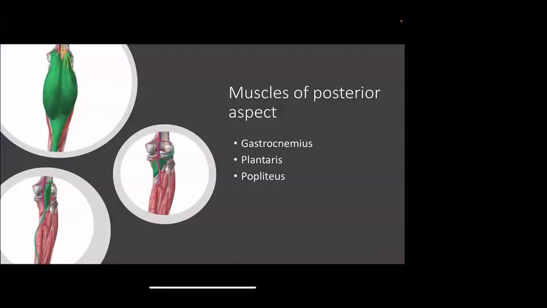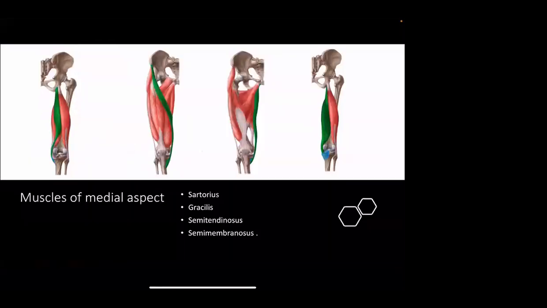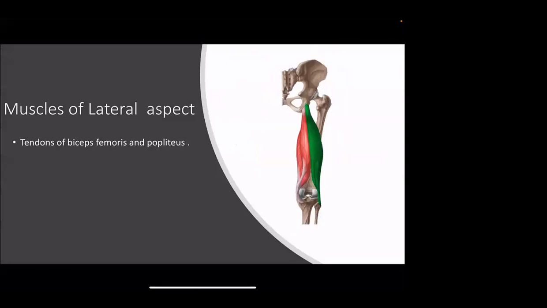Muscles of the posterior aspect include the gastrocnemius muscle, the plantaris muscle, and the popliteus muscle. Muscles of the medial aspect include the sartorius, the gracilis, semitendinosus, and semimembranosus muscles. Muscles of the lateral aspect include tendons of the biceps femoris and popliteus muscles.